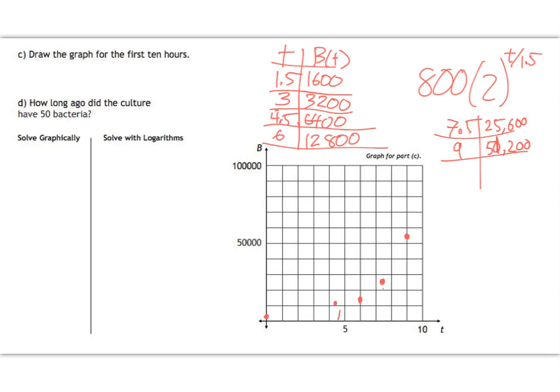Then we got 3,200 at 3. 1,600 at 1.5. Cool. I'd like you to notice this is a nice exponential curve. This is a great example of where these things come into play really well, which is kind of a tricky thing.